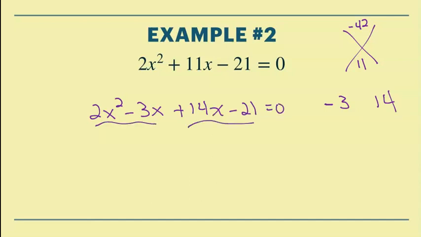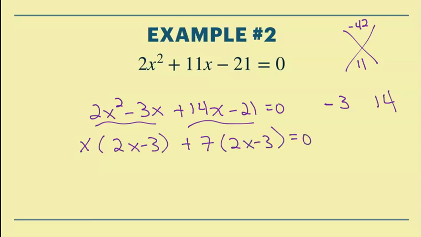I'm going to group these now. So I get x times 2x minus 3 plus 7 times 2x minus 3. And I get that my factored form is the common factor of 2x minus 3, and then the leftover factor of x plus 7, and that equals 0. So now I have my two little equations, my two things that are going to lead me to a solution.